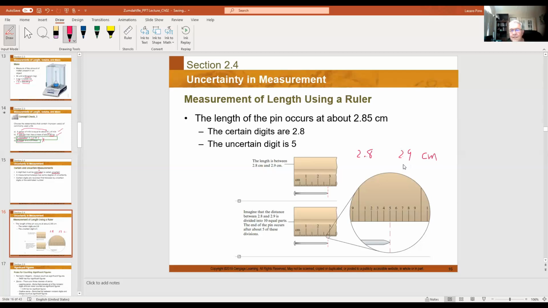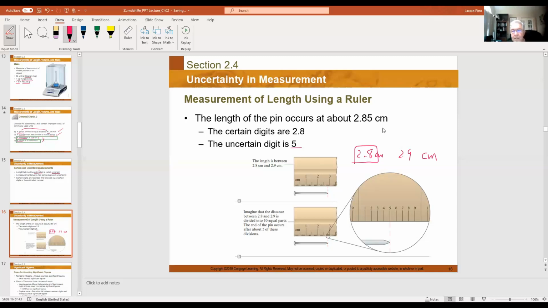What is certain for you? That the length is 2.8 centimeters. But is 2.8 sharp? No, it's something else. Then you have to estimate, and you choose for the third digit 5.